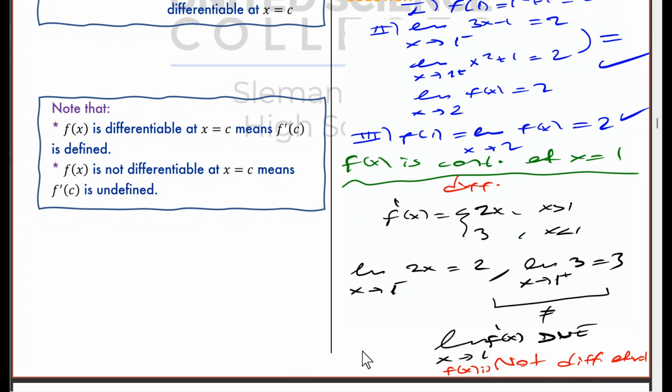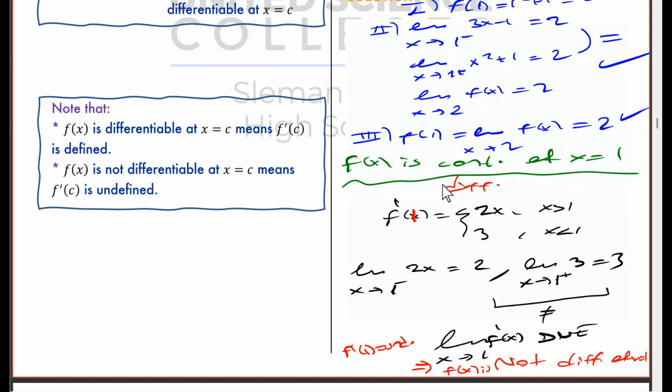It means f prime of 1 does not exist. f prime of 1 is undefined. Here we are looking for the derivative of the function at 1. So since the limit does not exist, f prime of 1 is undefined. f of x is not differentiable means f prime of 1 is undefined.